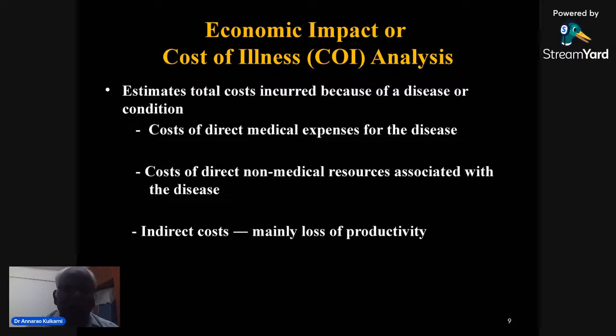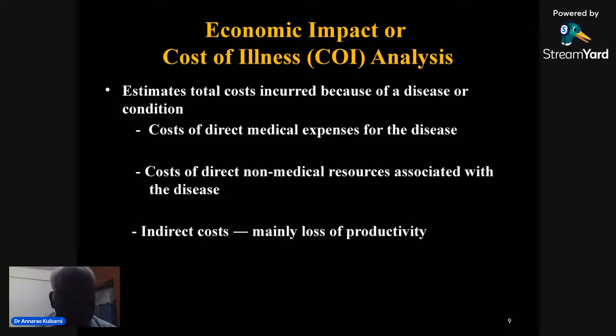Let's understand one by one. First, the economic impact or cost of illness analysis. The cost of illness analysis typically includes the value of medical care resources used to treat a disease and the losses in productivity caused by the illness. Other non-medical costs associated with the illness are sometimes included as well.